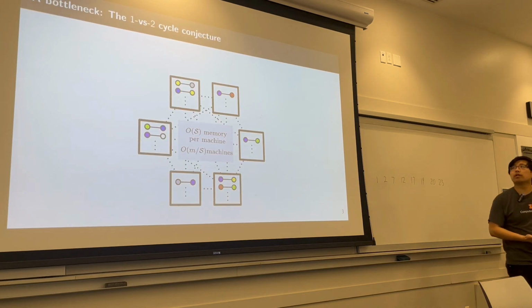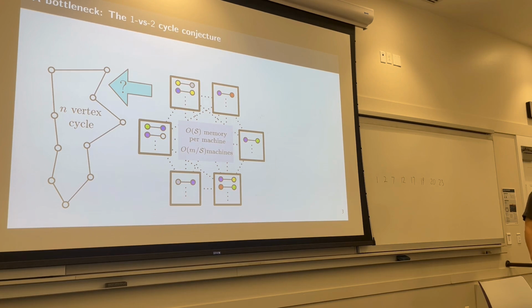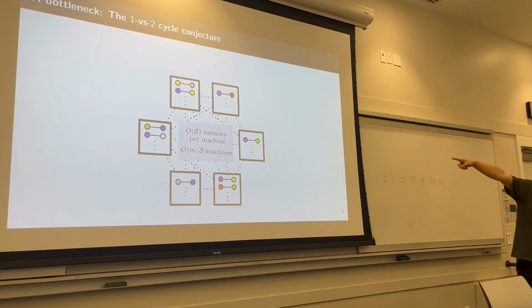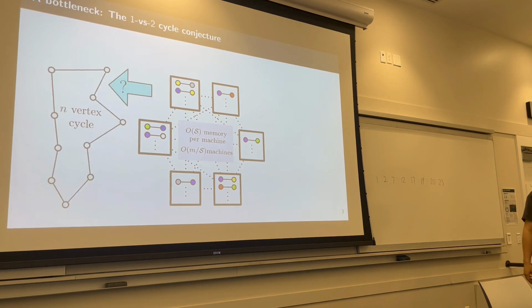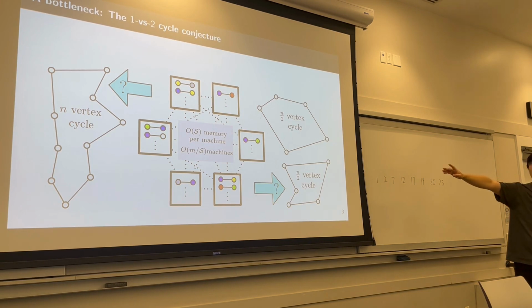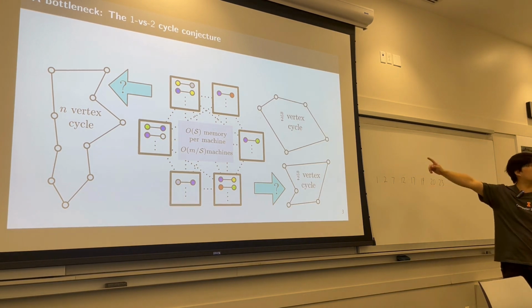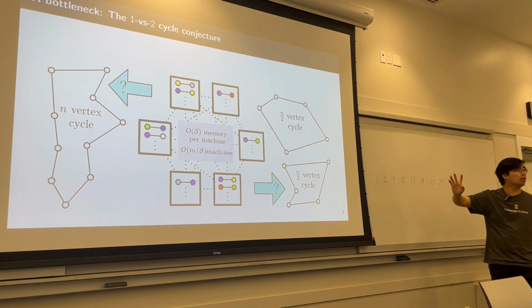And so there is actually a well-known bottleneck called the 1 versus 2 cycle conjecture. So if you're given a graph that's stored in your machines like this, and you're working in this MPC model, and you want to determine, okay, is this graph an n vertex cycle, so 1 single cycle on n vertices, or 2 cycles on n over 2 vertices, right?